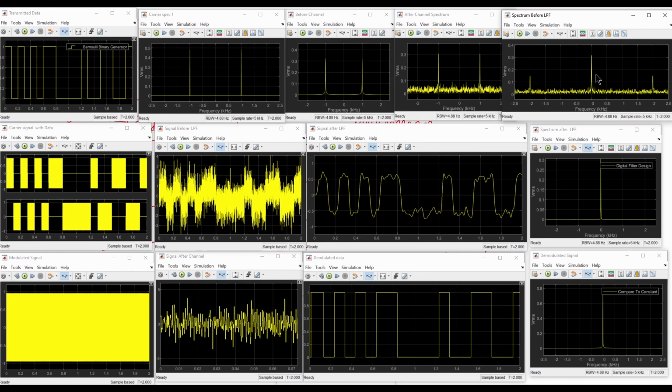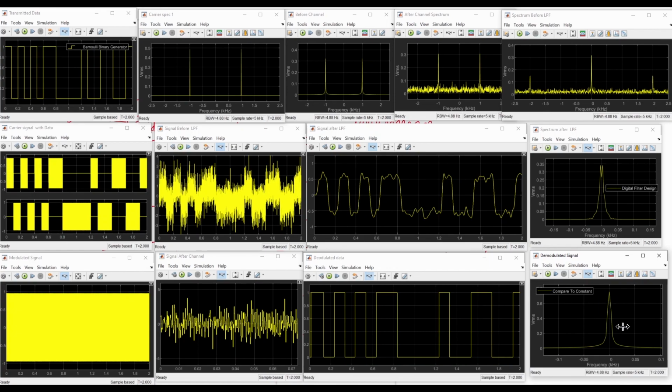So this is the modulated one, and after applying the low pass filter, we are getting this kind of value. It's still not smooth, but when you compare it, you will get very smooth data. So this is our demodulated data.